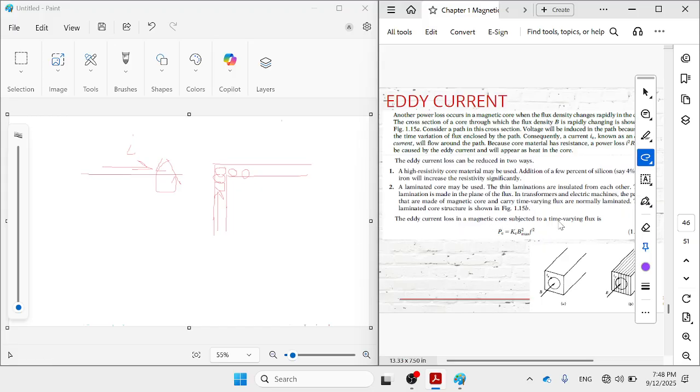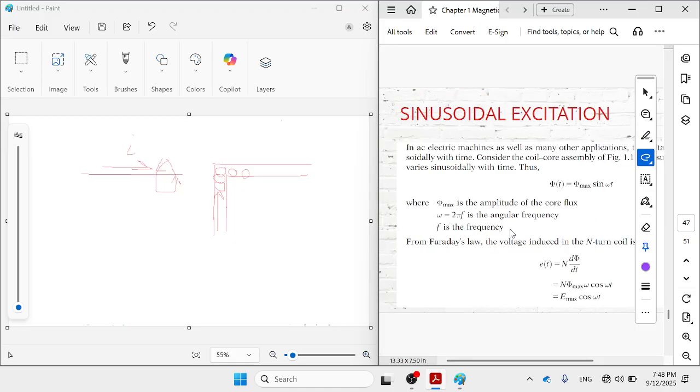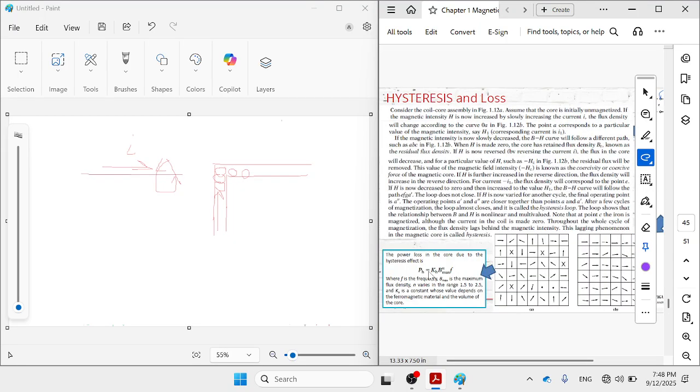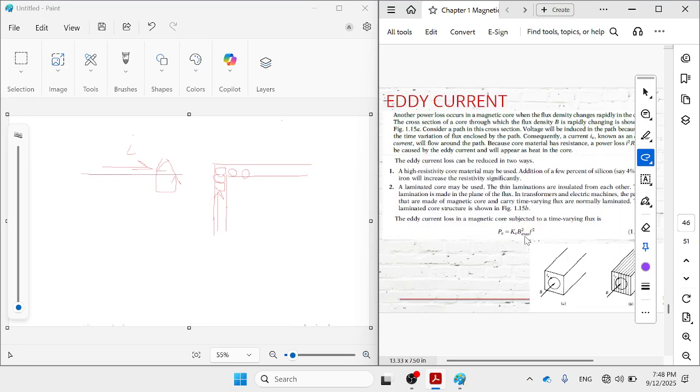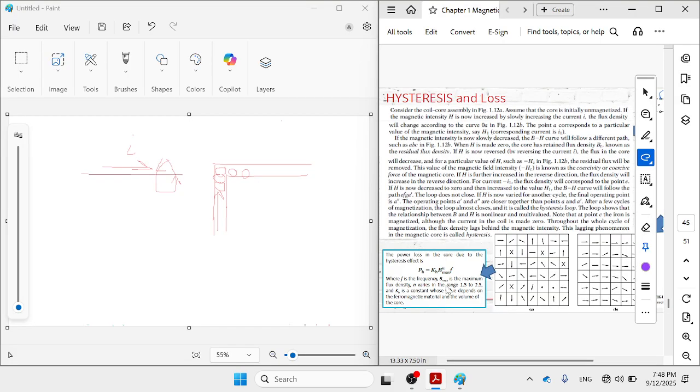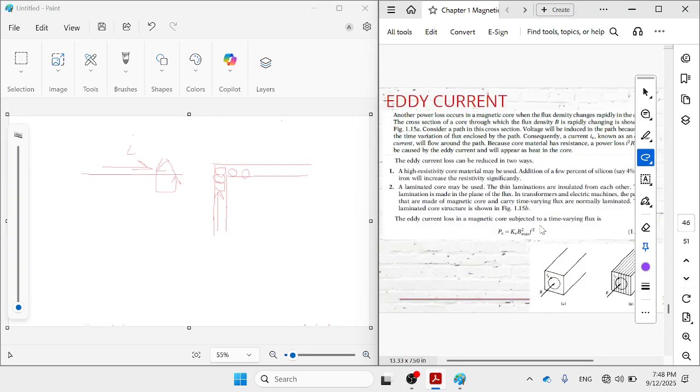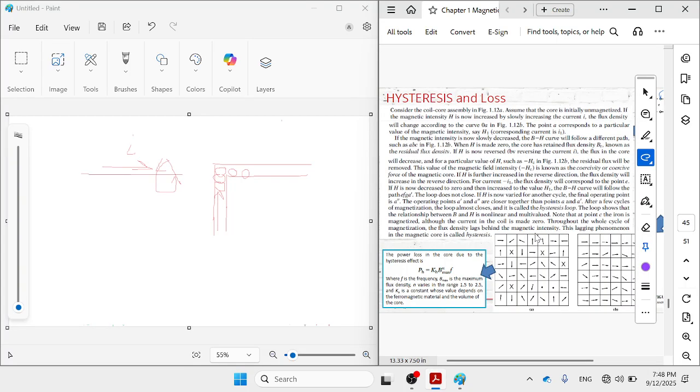Finally, you can find the value of eddy current by Ke B max power of 2 times frequency power of 2. The difference is the value of K, which is different from the previous one. This is KH, B max power of n previously, and frequency here is power of 2.